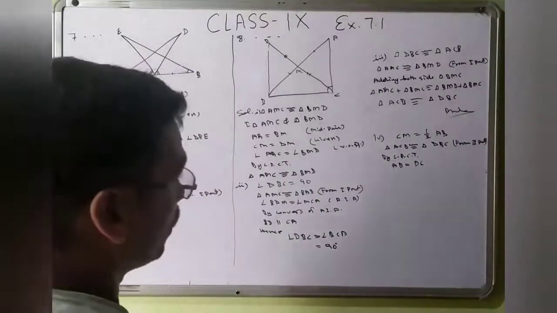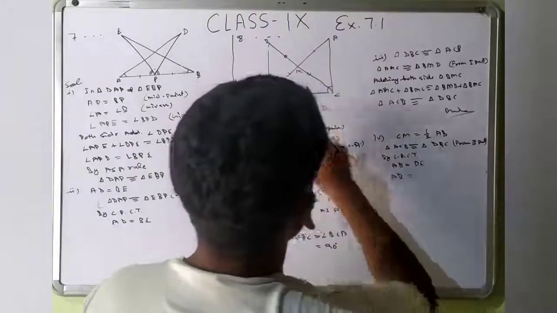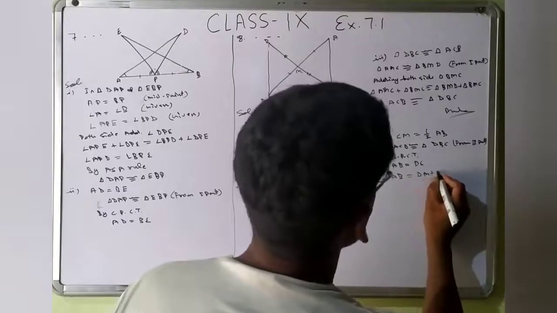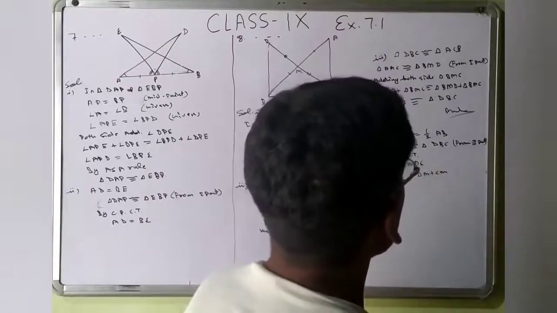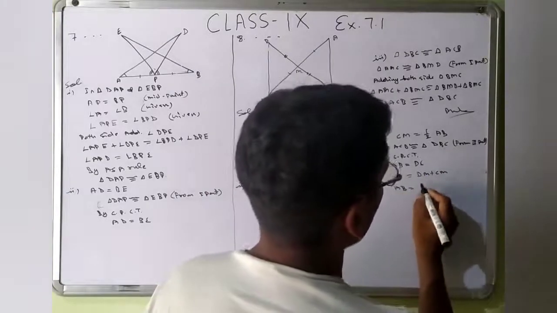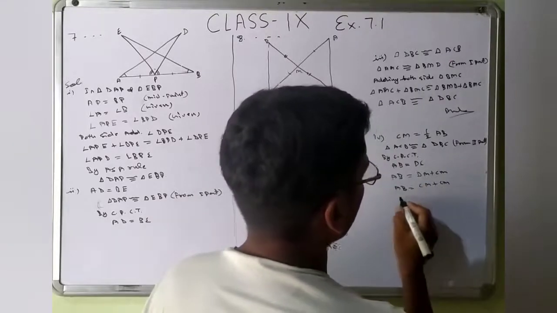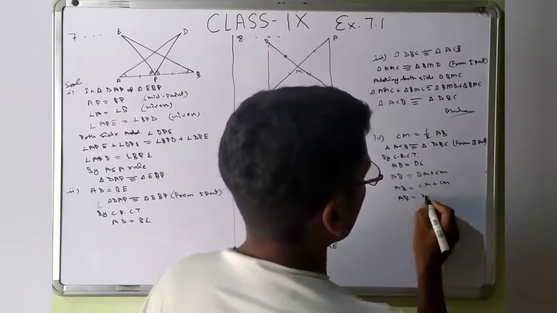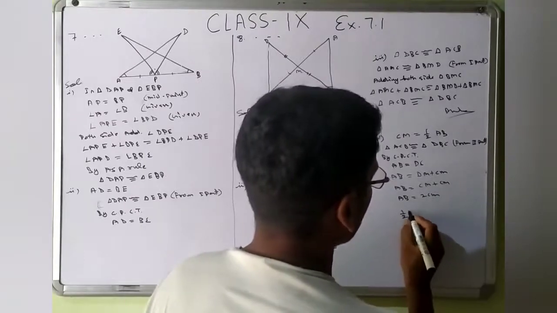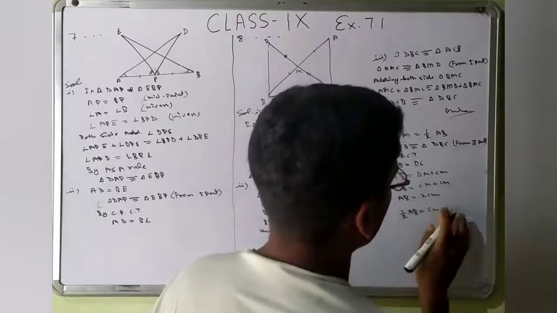AB is equal to DC. We can write it in the form of DM plus CM. So AB is equal to DM plus CM, both are equal. So we can write CM in place of DM. So AB is equal to 2CM. So that will be 1/2 AB is equal to CM. That's proved. Right?